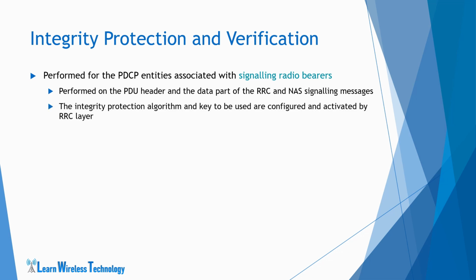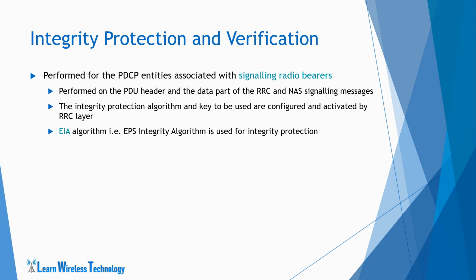The integrity protection algorithm and key to be used by the PDCP entity are configured and activated by upper layers, that is RRC. In LTE, the EIA algorithm, that is EPS integrity algorithm, is used for integrity protection.